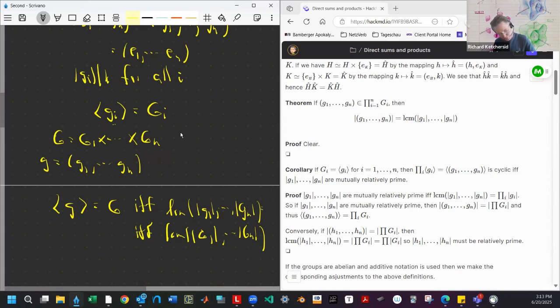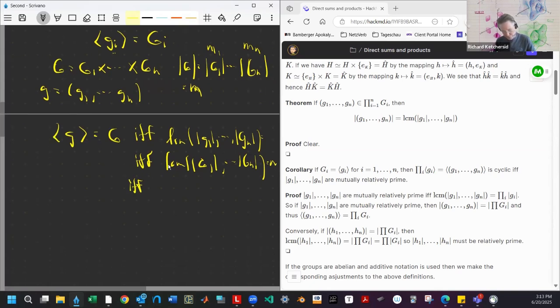So let's say the size of G is the size of G1 times the size of G2 up to the size of Gn. Let me call these m1 through mn, maybe. Oh, n is bad, m. So the product of all these is m. So this would have to be the product of all those things. So in particular, if and only if there's no common factor among them, the GCD of all these things is just 1, and the LCM is the product of all these.